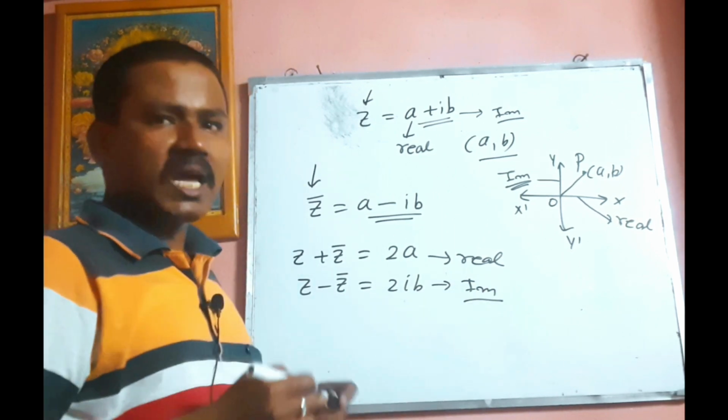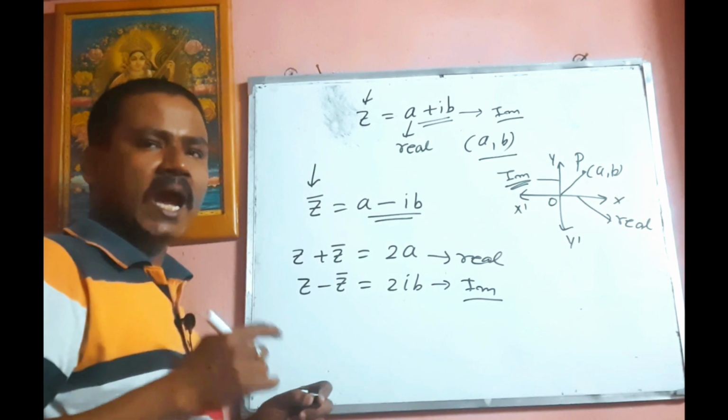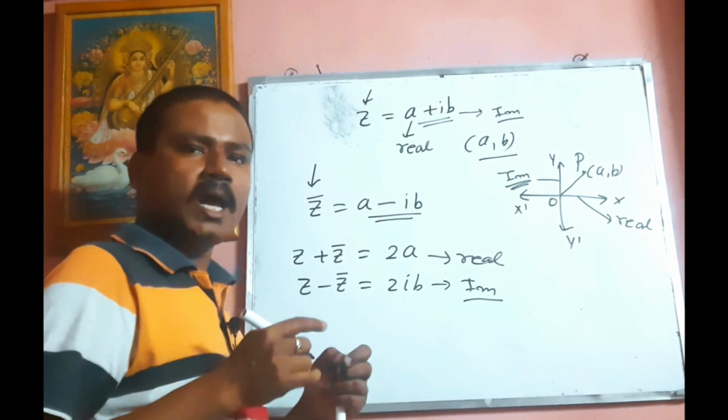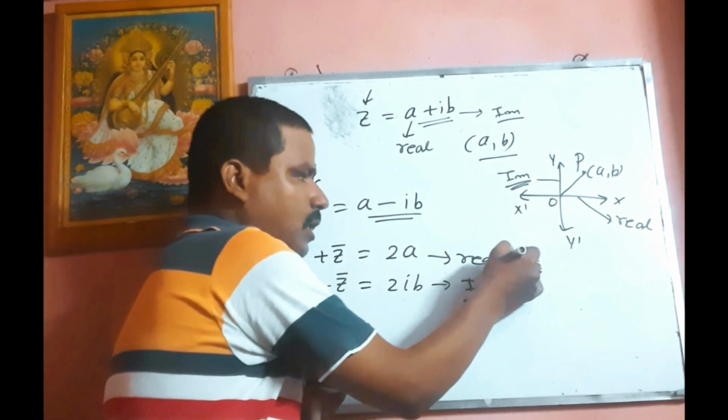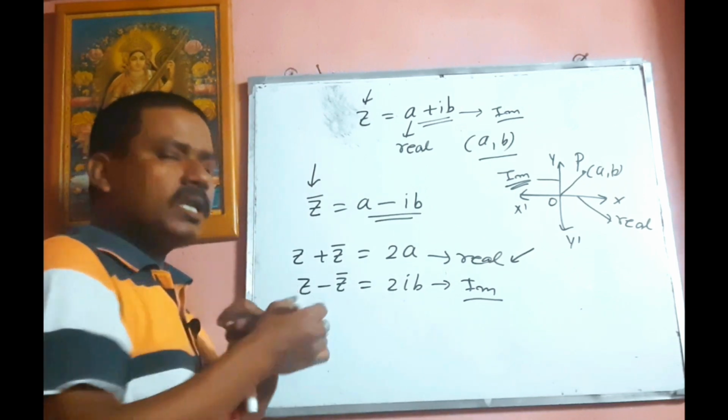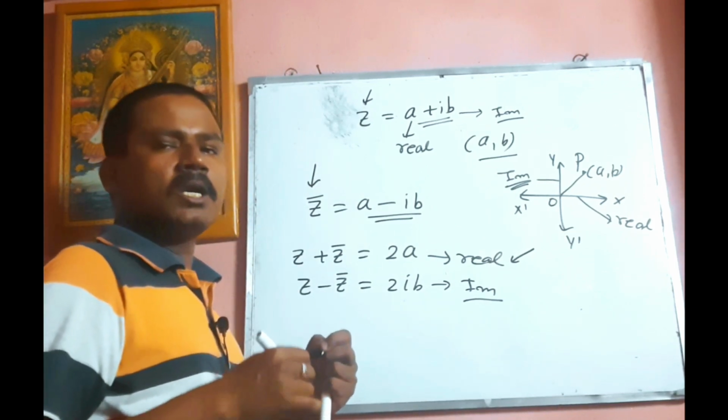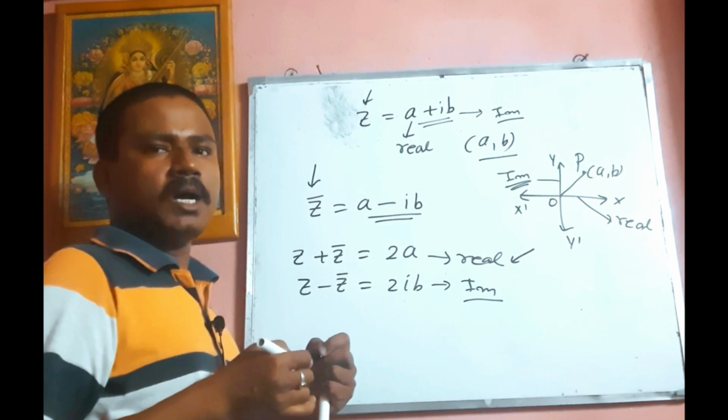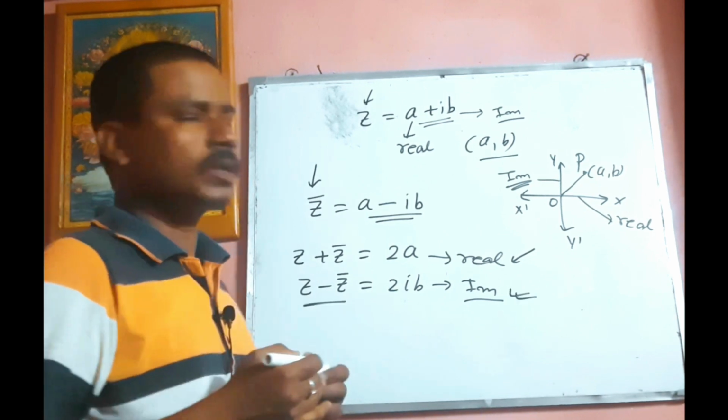So we can say the sum of a complex number and its conjugate is always real, and the difference of a complex number and its conjugate will be imaginary.